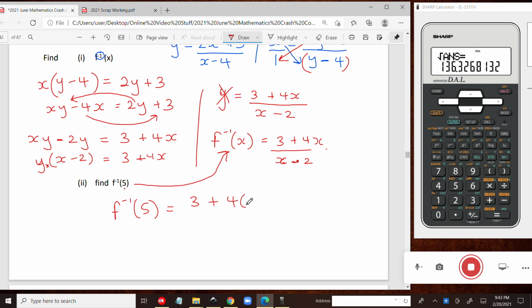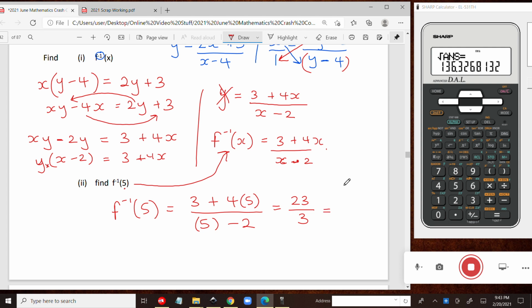Throw away the x and in brackets put 5. And then this x here, well, he's 5 minus 2. Let's work this out. We can work this out in our head. 4 by 5 is 20 plus 3 is 23. And 5 minus 2 is 3.